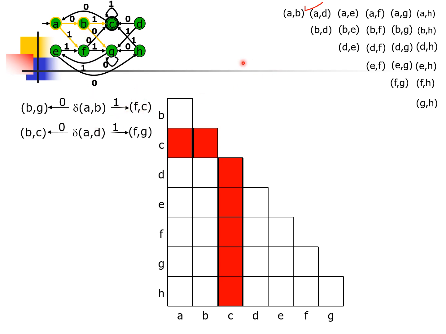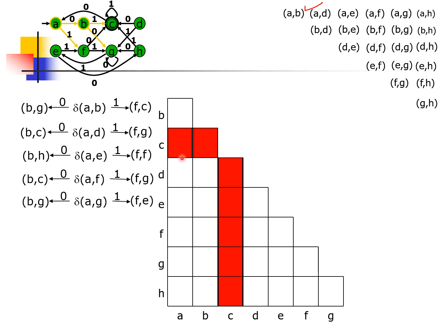Similarly, you can write it for the rest of the pairs of states. So find out the transition for each of the pairs of states. Then you can see how you can mark the pairs of states in the table. Similarly, I find out the rest of the pairs' transitions.